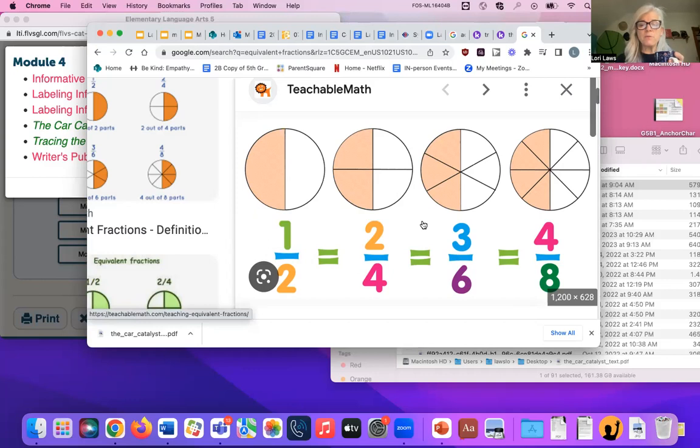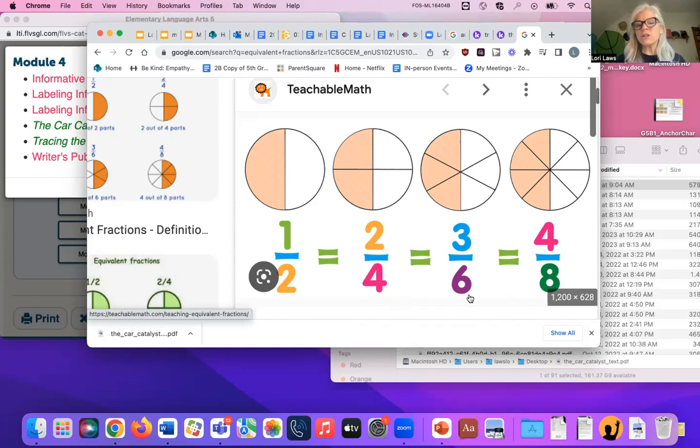Then if you have a few more people show up, so now you have the denominator 6 people, you take that same half of a cake and now you have to chop it into 3 slices. So 3/6. And finally, if 8 people show up, you're going to have to chop it up even more. The thing to remember about fractions is the bottom number just shows you how many pieces you've chopped something into.